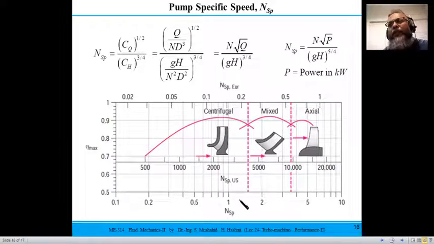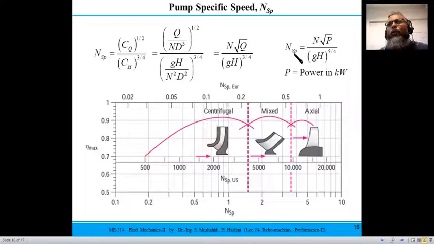If your specific speed for pumps is less than 1.5, your machine would be a centrifugal type machine. If it is between 1.5 and something like 3.5, then you have a mixed flow machine. If the specific speed is greater than 3.5, then you have axial flow machines. Compared with centrifugal, mixed and axial flow machines are not strong functions of the specific speed as far as efficiency is concerned; they have nearly 90% efficiency.